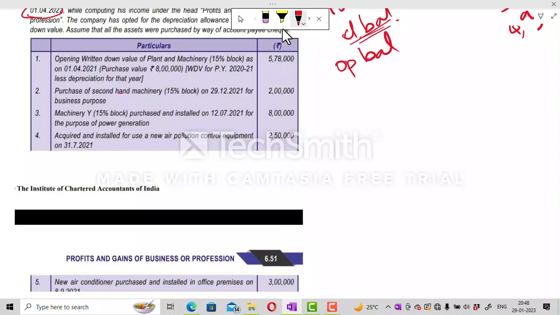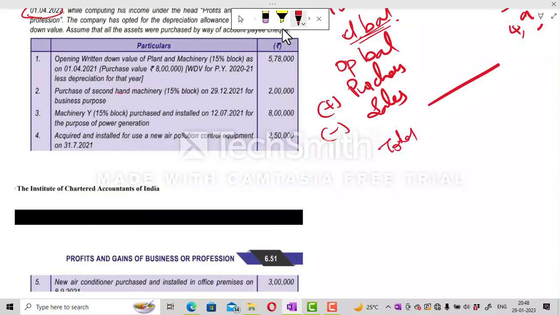Opening balance plus purchases minus sales. We should arrive at the total and minus depreciation. We will arrive at closing balance.